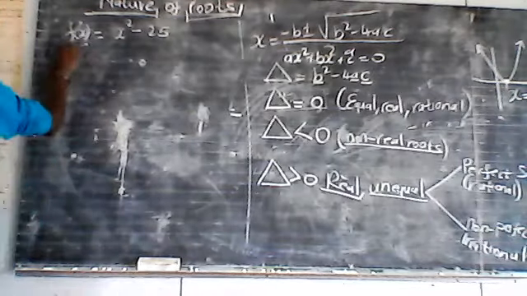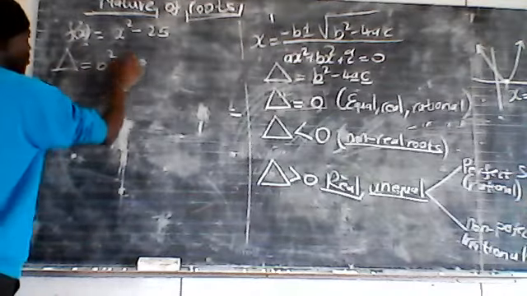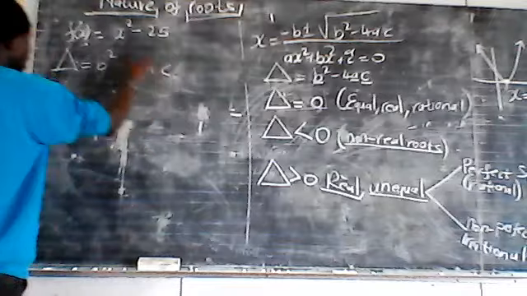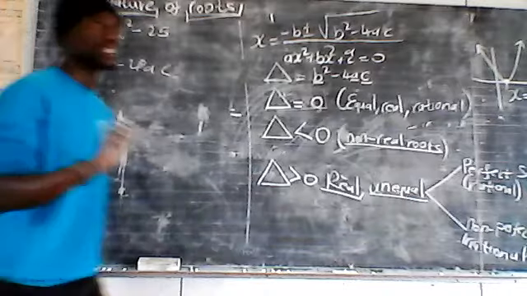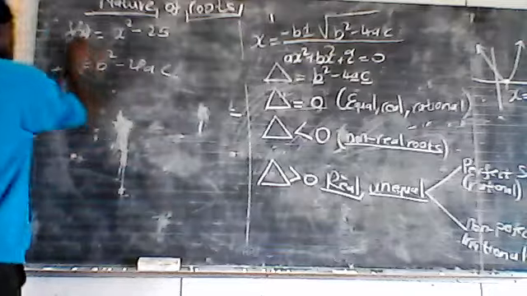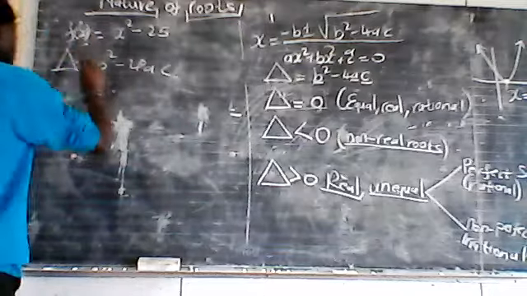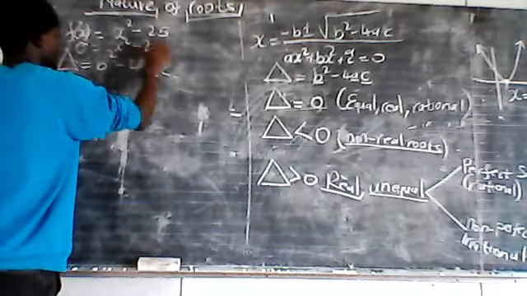Remember, we said we first have to calculate the delta, which is b squared minus 4ac, and definitely we have to make one side equal to 0. You'll remember this easily because when you are trying to solve for your x-intercept, you always make your y to be 0. So let's say I'm having 0 equals x squared minus 25.